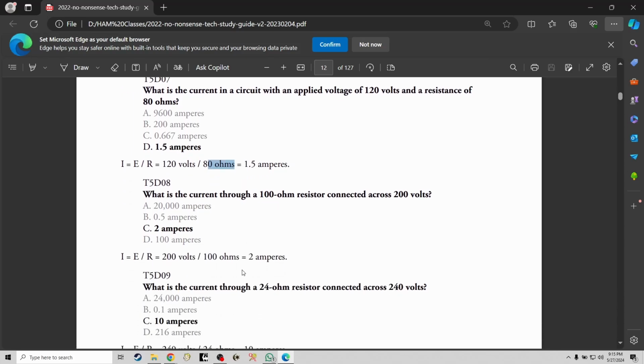You will not have access to a calculator. You will not be able to touch your phone while you're taking these tests.